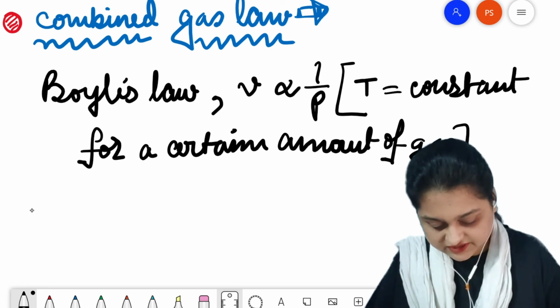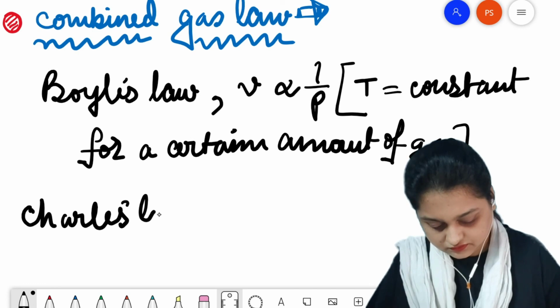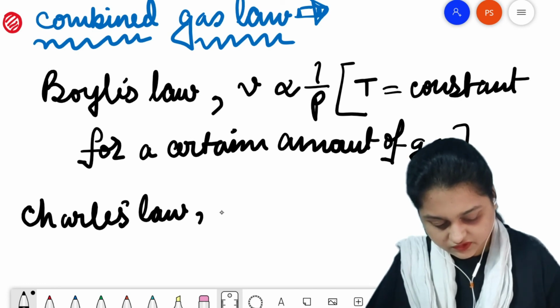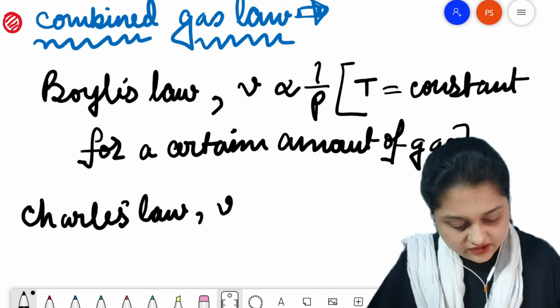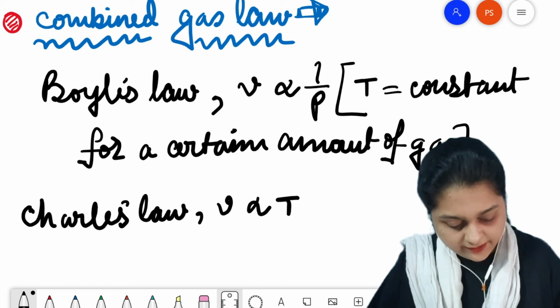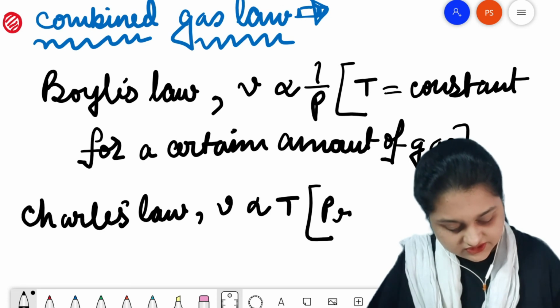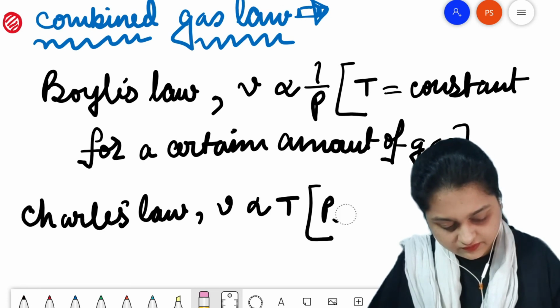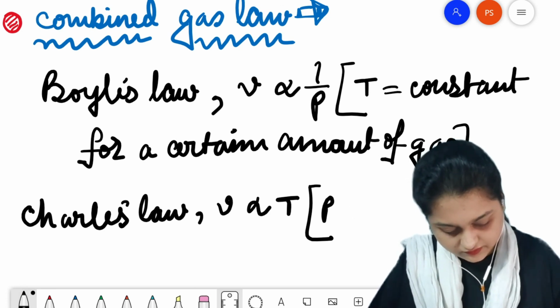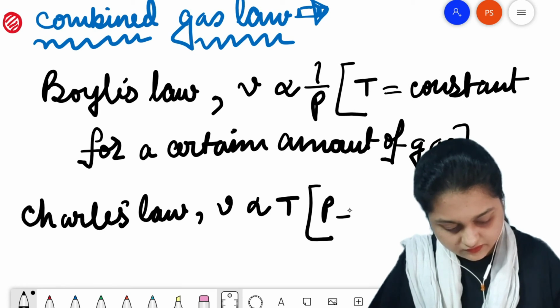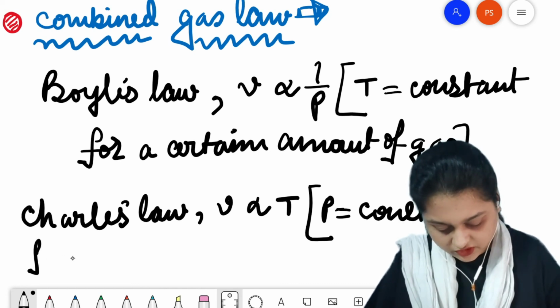Charles' law, on the other hand, is saying volume is directly proportional to the absolute temperature when the pressure of the gas is constant for a certain amount of gas.